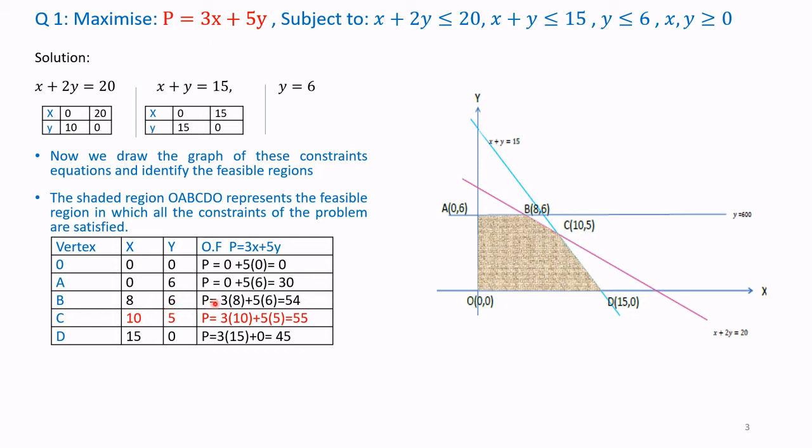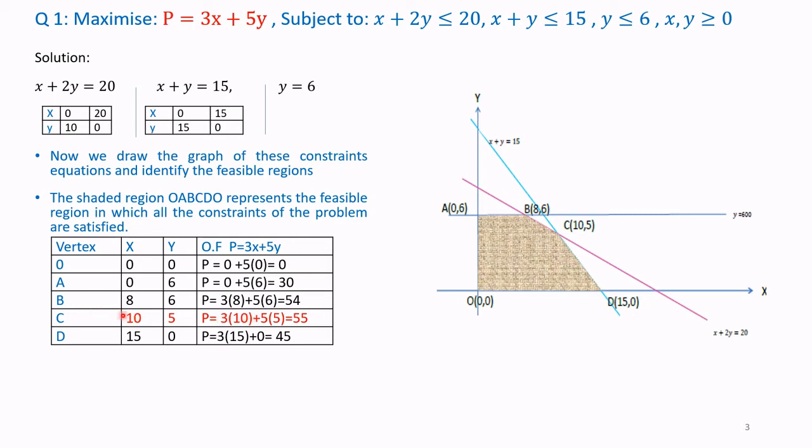So next vertex is B, where x is 8 and y is 6. Therefore, P is equal to 3x, 3 into 8 plus 5y, 5 into 6. That is equal to 24 plus 30. That is equal to 54. So for vertex B, the value of P is 54.